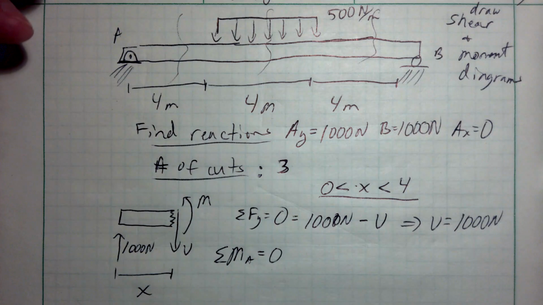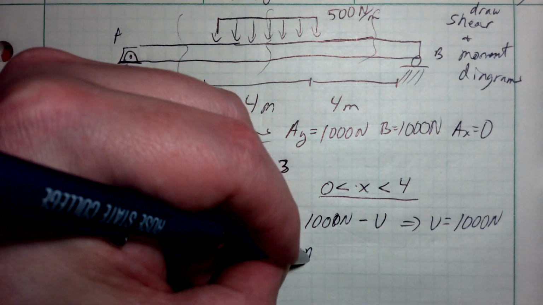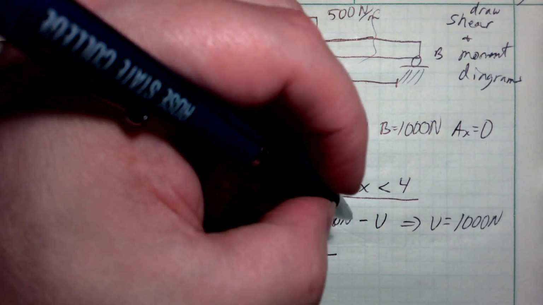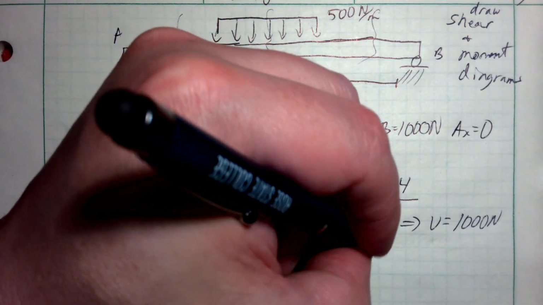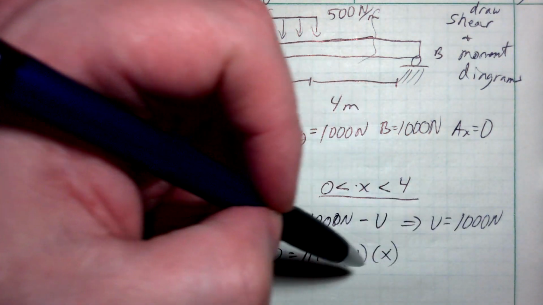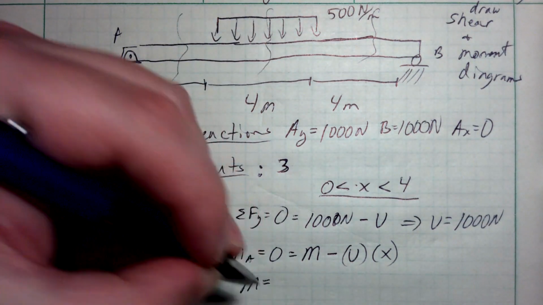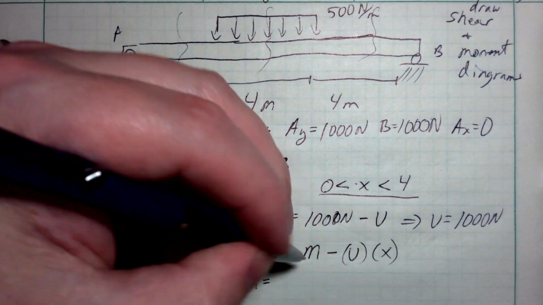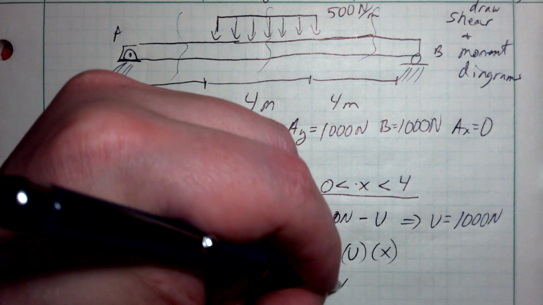If I take my sum of moments through here, I've got a positive bending moment, and then causing a clockwise or negative moment, I have the shear force applied at a distance x. Well, I have my shear is 1,000 newtons, so I can plug that in. So this is easy to solve. My moment is going to equal whatever my shear is. Well, my shear is going to be a positive 1,000 newtons times whatever value x is.